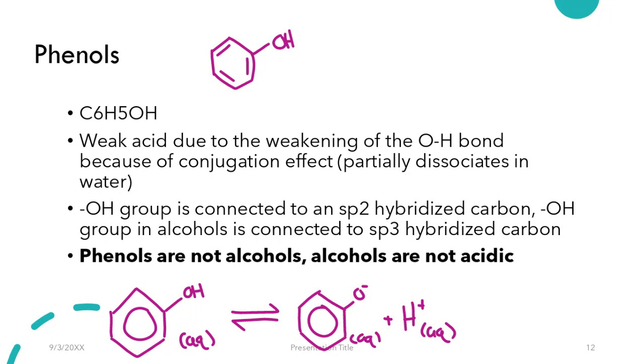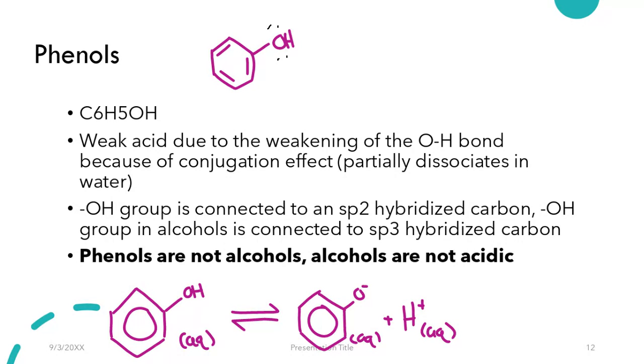And it's a weak acid because if you remember, this aromatic ring has something called the conjugation effect. Okay, so this oxygen has lone pairs of electrons. So these lone pairs of electrons can actually delocalize to this ring, because it already has that conjugated pi system.